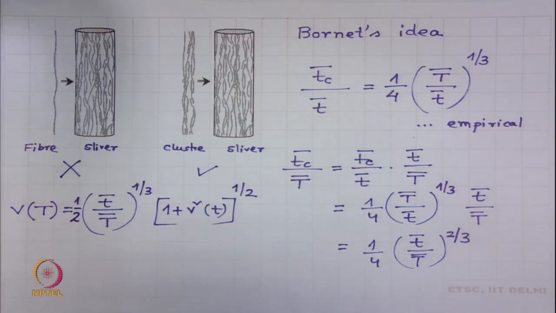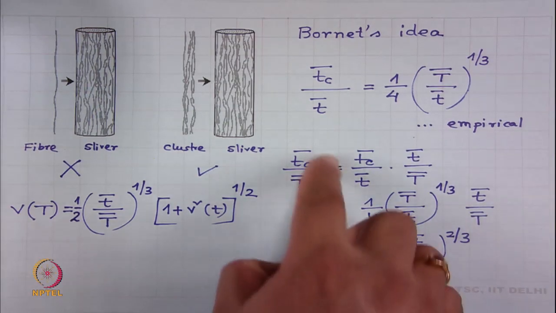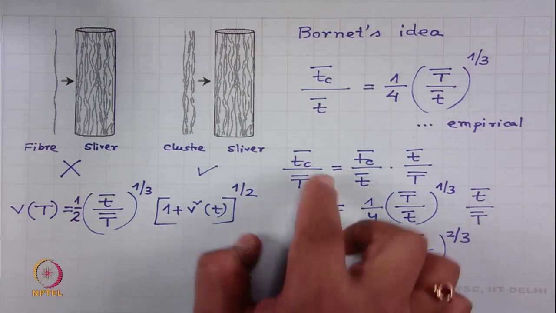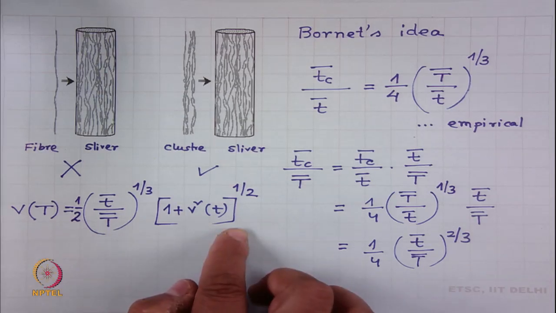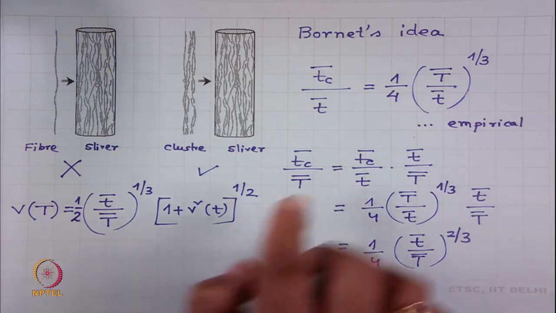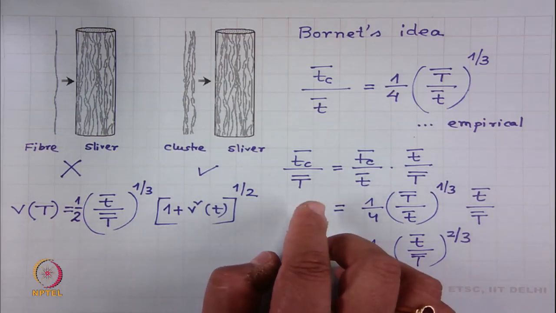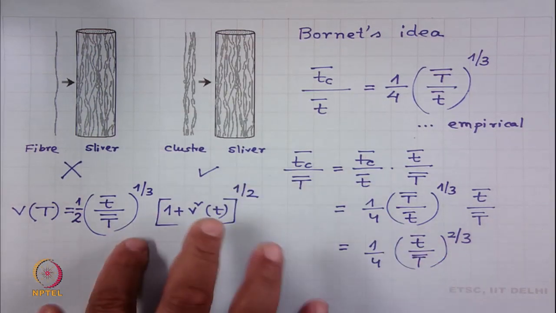In Martindale's expression, if you substitute small t bar by capital T bar by this, then you will get this form. So, in Martindale's model, this expression you substitute by this form, and you will obtain this expression.